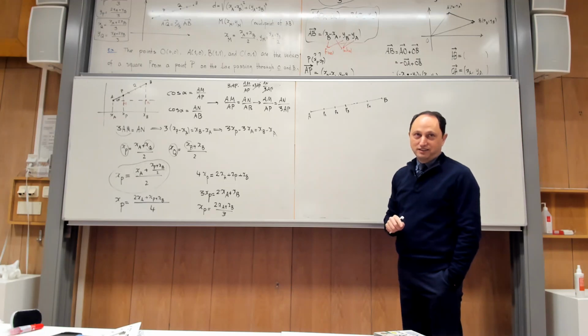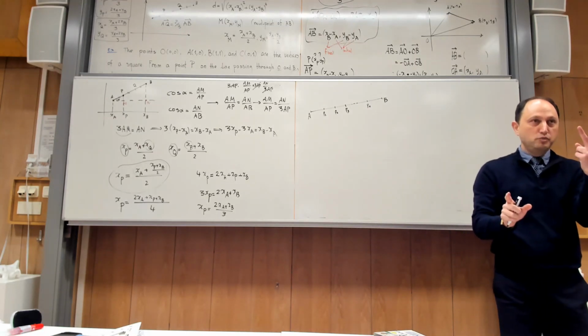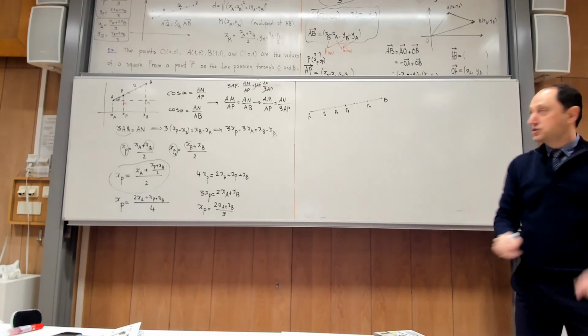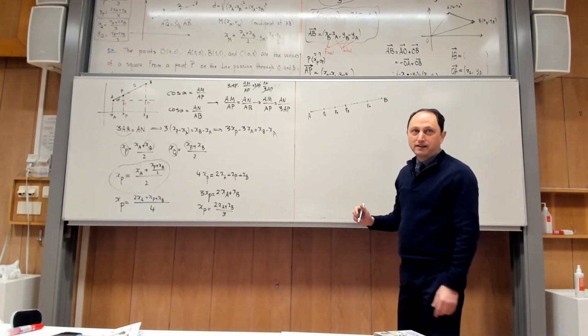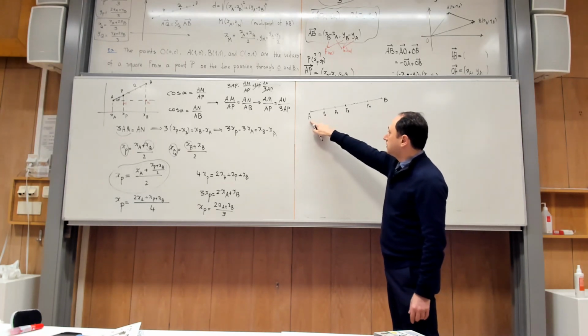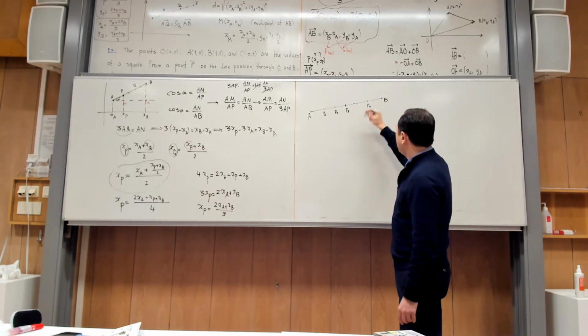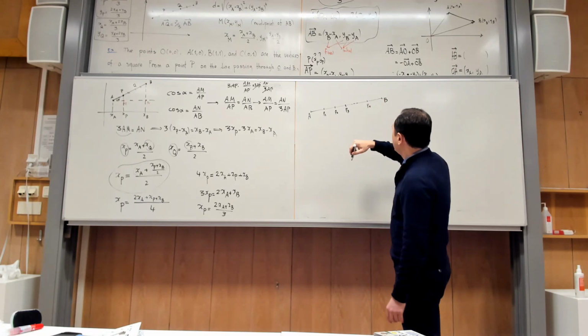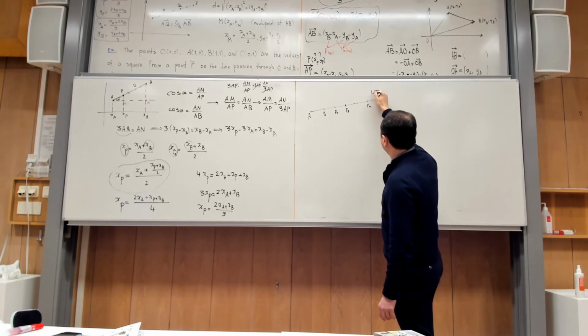Yes, because if you have one midpoint, it is divided into 2 parts. If you have 2 midpoints, it is 3 parts. So if you have n midpoints in the middle, it is n plus 1 pieces.